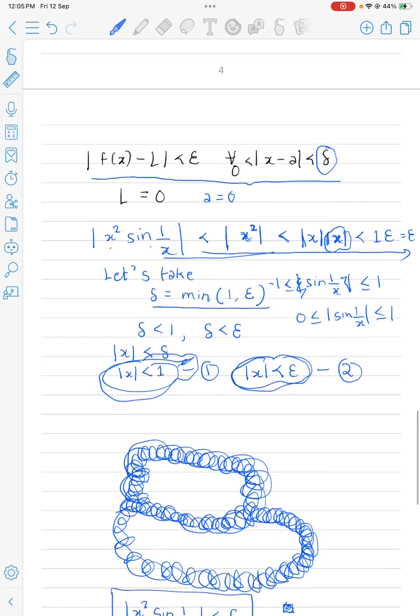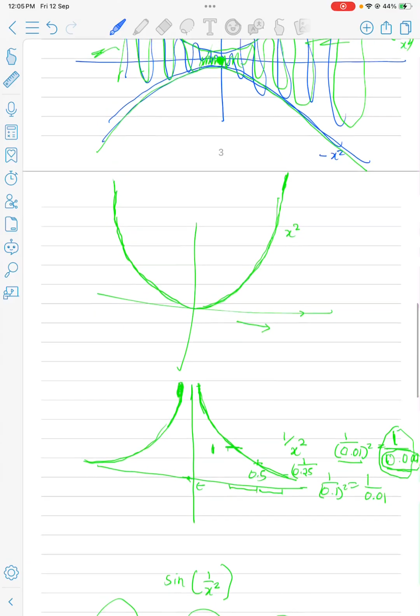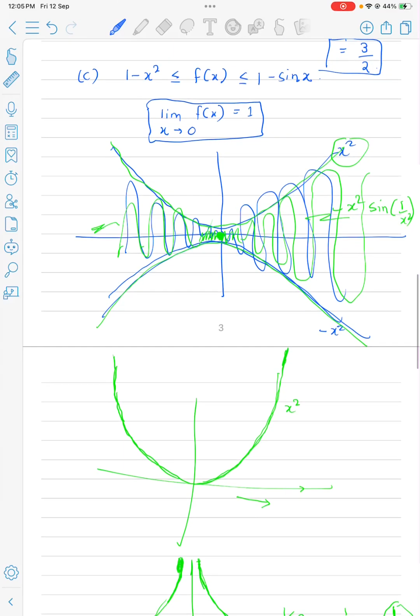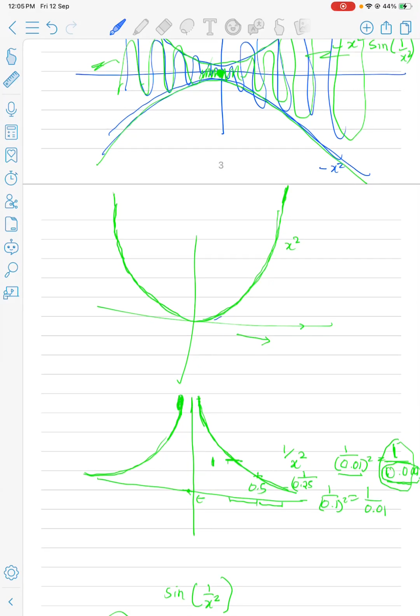But again, I think we can do it graphically also, right? So this will be the graph of x square sine 1 by x. So how do you get here? First, let's see. x square is this one. And then if you invert it, 1 by x square. This will be symmetrical because if you put minus x and x into the expression, you'll get the same value.